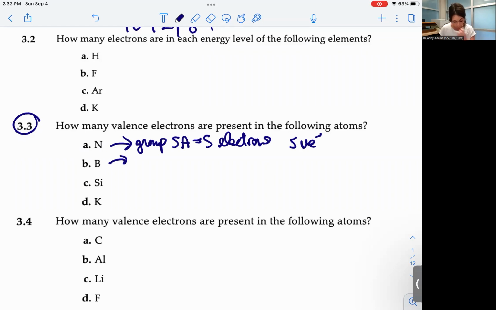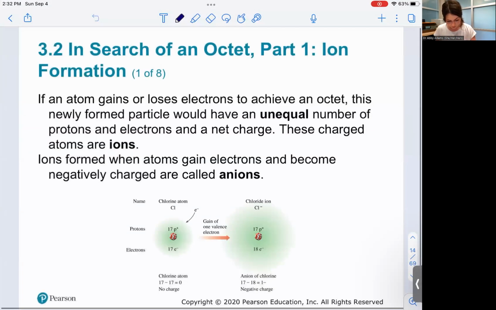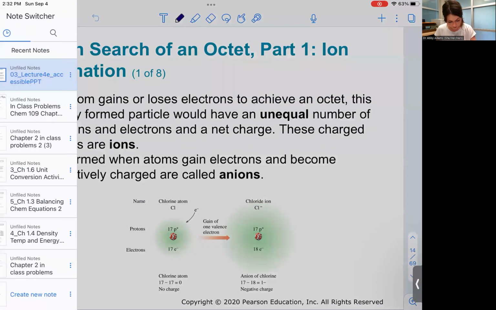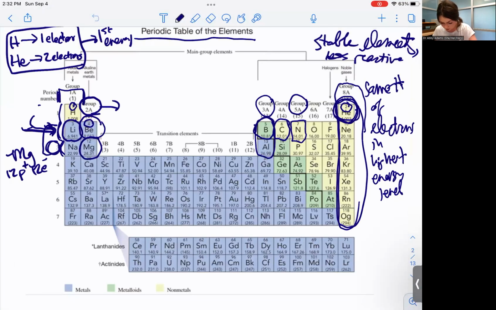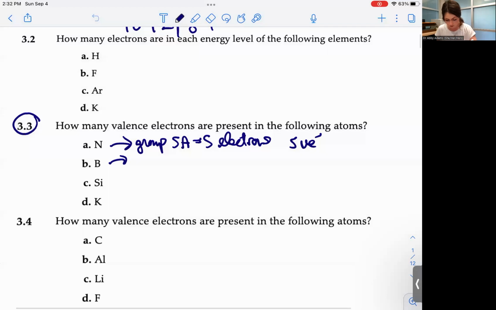Boron. What group is boron in? Boron, let's go take a look. Boron is in group 3A. So boron is going to have how many valence electrons? It's group 3A.